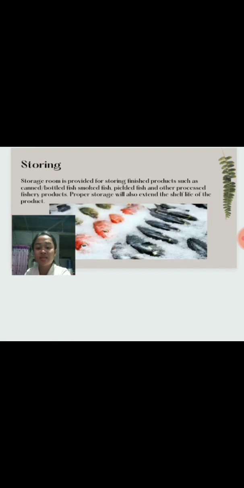Next is storing. A storage room is provided for storing finished products such as canned or bottled fish, smoked fish, pickled fish, and other processed fishery products. Proper storage will also extend the shelf life of the product.